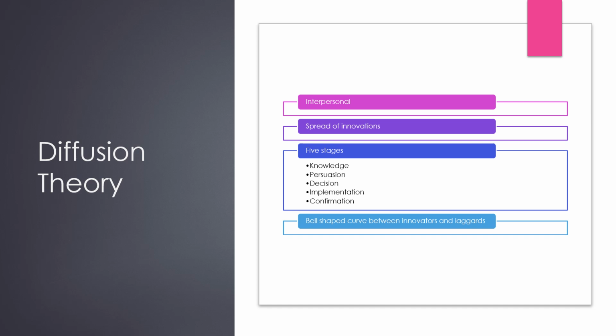The normal bell curve goes through early adopters, early majority, late majority, until it hits the laggards. And the laggards are those that don't join in until everybody else has joined in. There are 5 stages associated with this, which include knowledge, persuasion, decision, implementation, and confirmation.